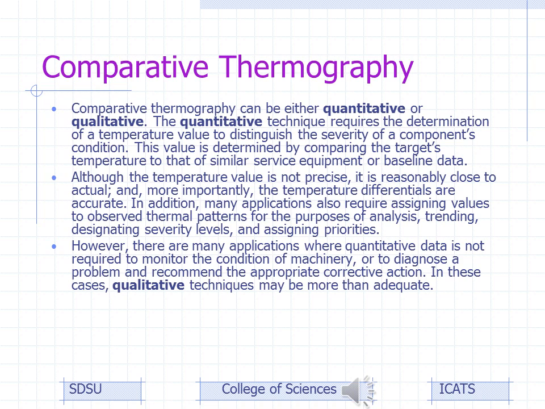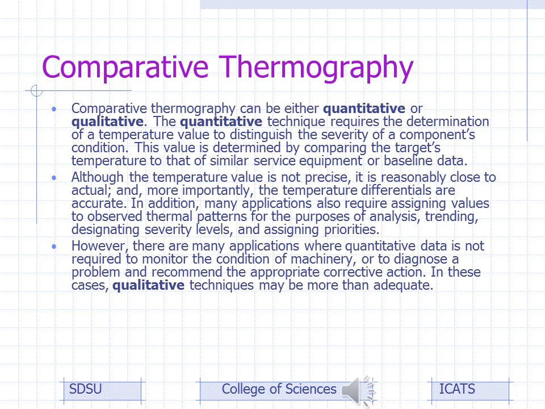Although the temperature value is not precise, it is reasonably close to the actual temperature, and more importantly, the temperature differentials are accurate. Okay, so that's the primary. How much above ambient is this piece versus that? So it's quantitative, not qualitative. We're not measuring the actual temperature. We're looking at the difference between one and the other.